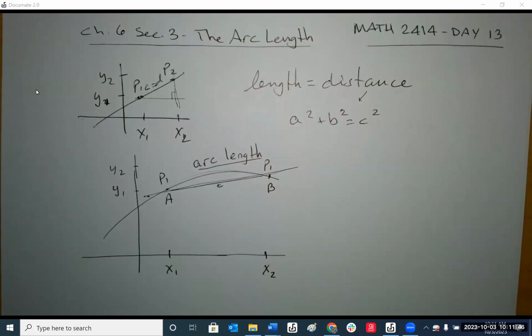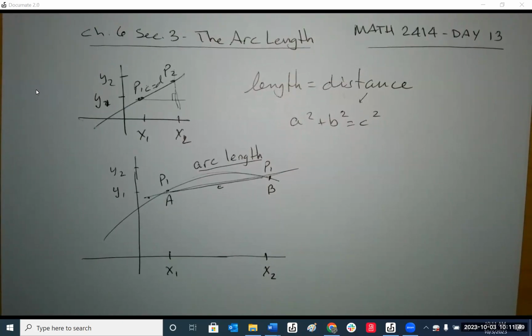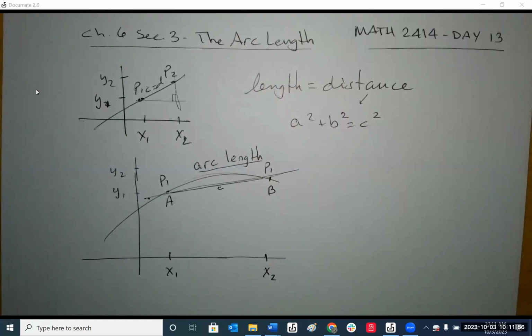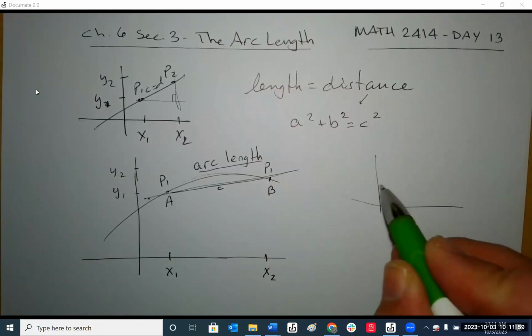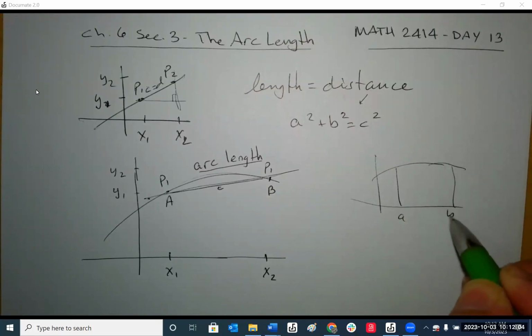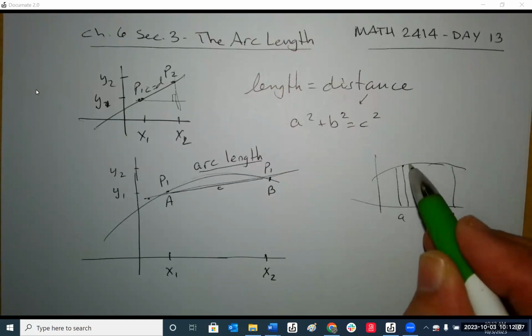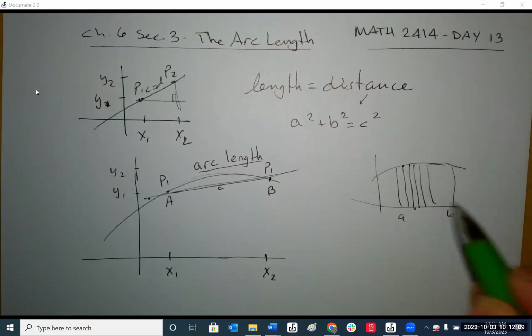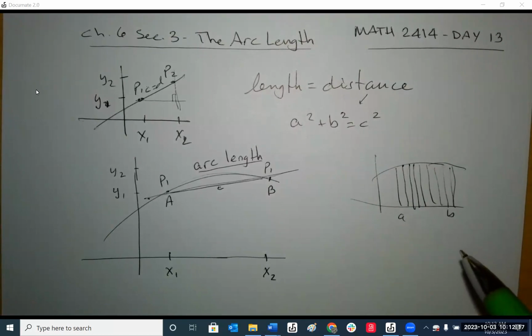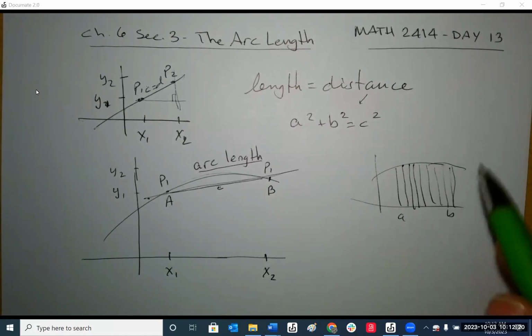Think about what we did in calculus already. Riemann sums, exactly. What did we do in the Riemann sums? To find the area under a curve between point A and point B, we cut it up into small pieces, found the area of each one of those pieces, and then added them up to get the area under the curve between those 2 points.